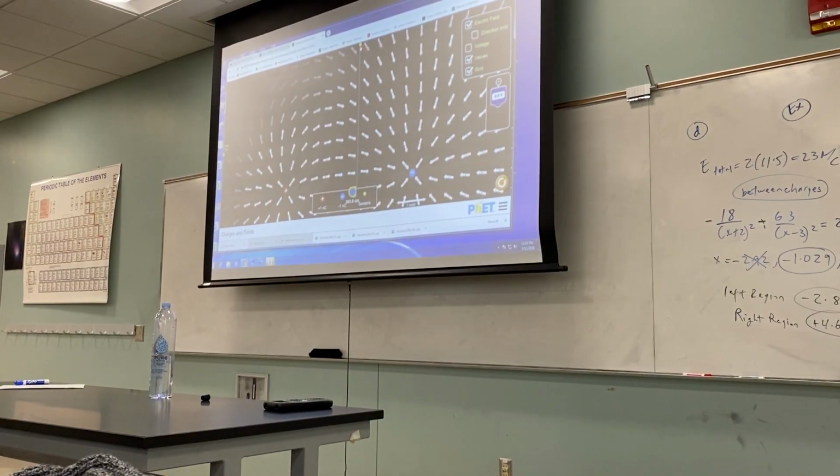Can't see it? 3.48. There's supposed to be another charge thing. Yeah, but I don't need that other charge in order to find the electric field there.